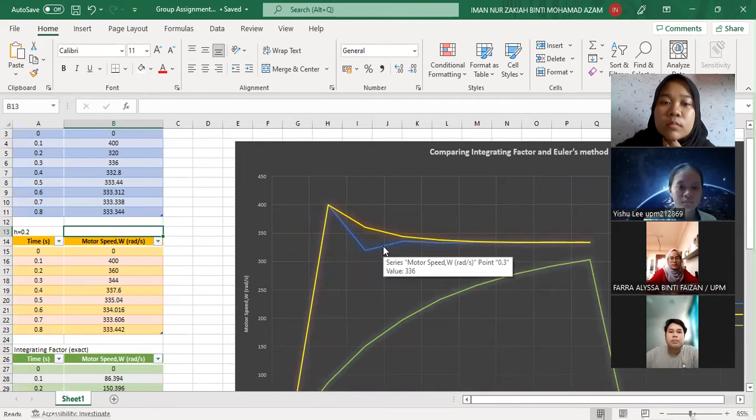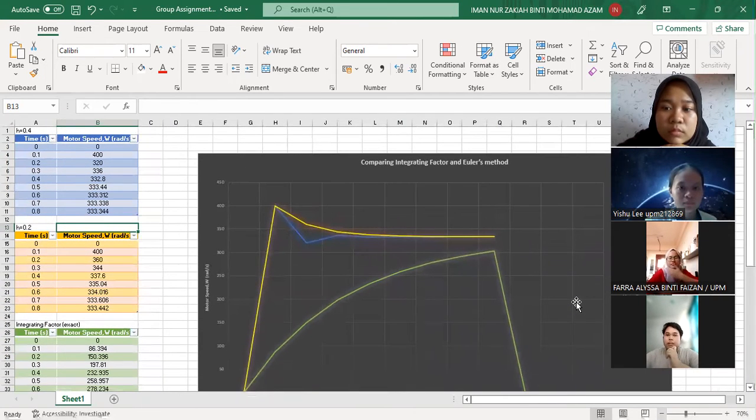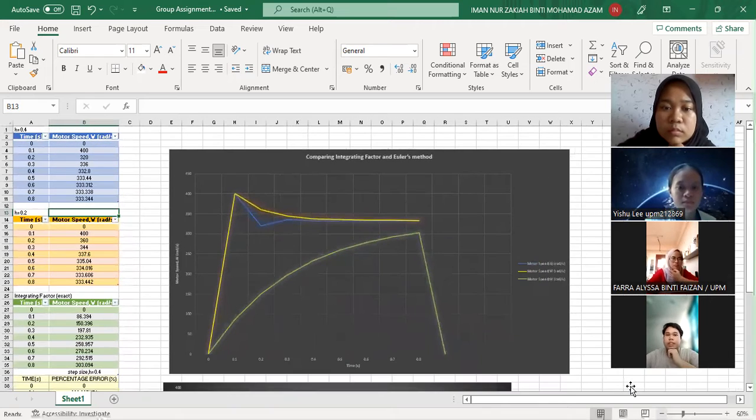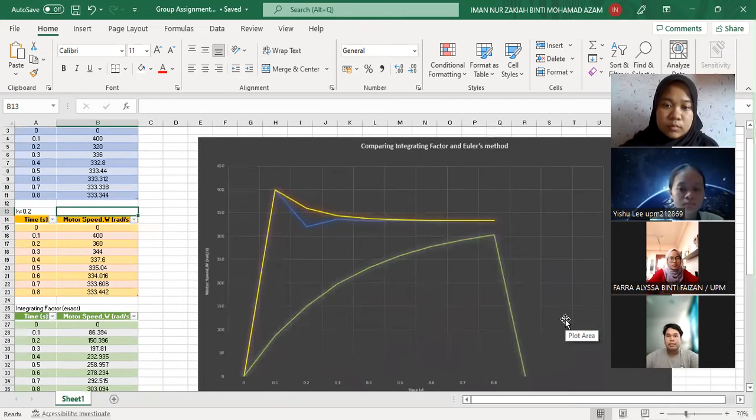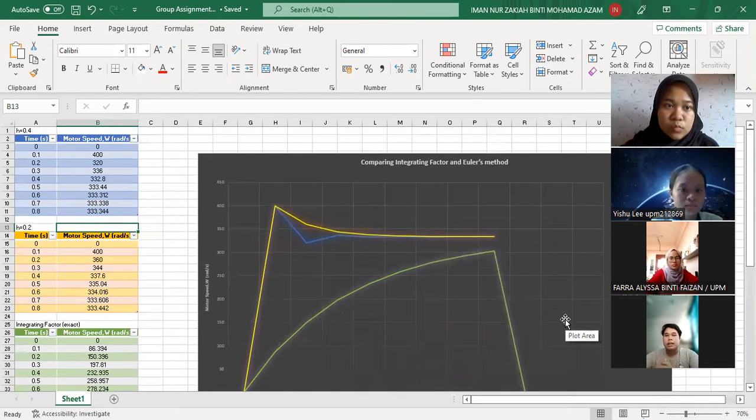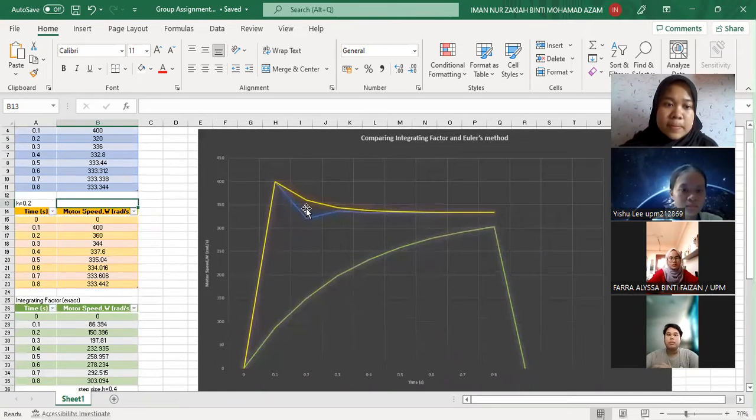So from the data that have been obtained in the table, we can plot the graph of time against motor speed. Here I'm using an application, Microsoft Excel, to generate the graph. For the step size h equal to 0.4, we use a blue table and blue line, while for h equal to 0.2, we use a yellow table and yellow line.